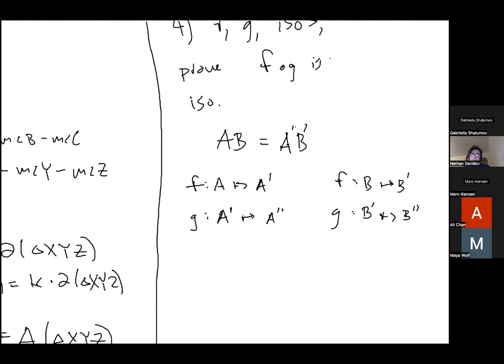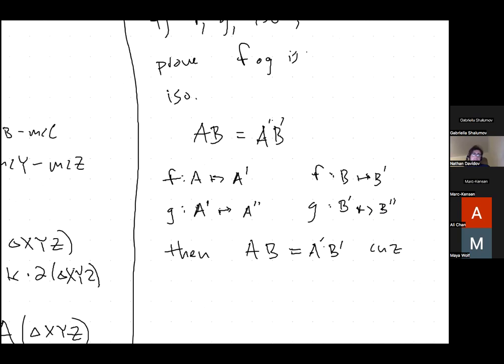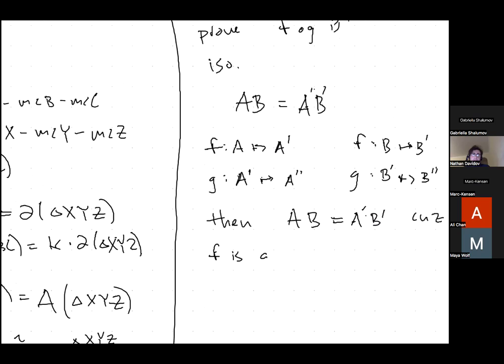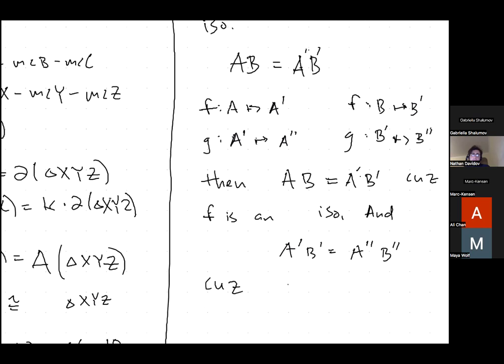Then you know AB is equal to A prime B prime because F is an isometry, and you know A prime B prime is equal to A double prime B double prime because G is an isometry.